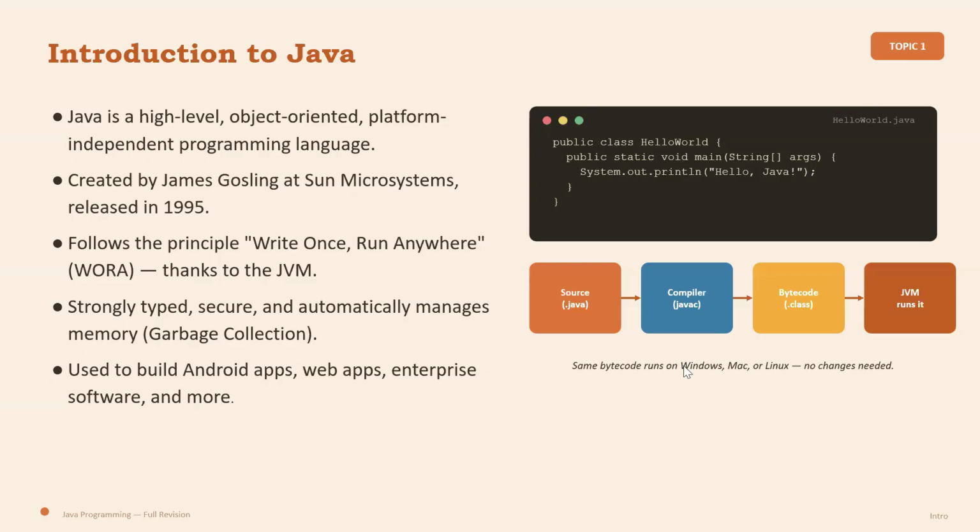Instead, it is executed by the JVM. JVM is available for different operating systems such as Windows, Linux, and Mac OS. Although each operating system has its own JVM, the bytecode remains the same. That is why the same Java program can run on different platforms without modifications.